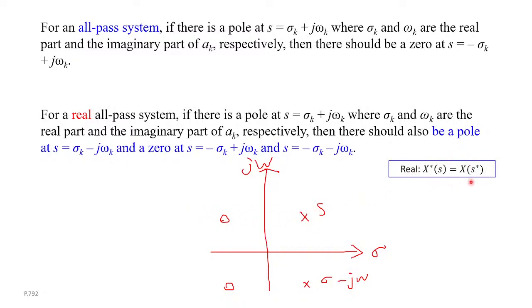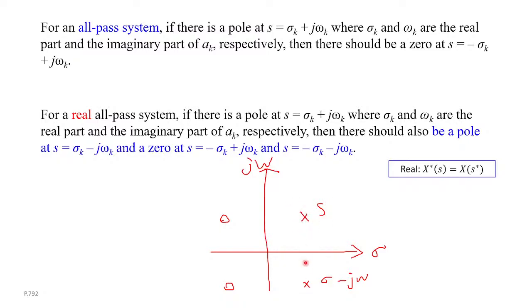Then now you also need to be real. So when you take the complex conjugate, you go to X star. So this is s star, so it will go from this point to this point. This is doing the complex conjugate. You swap the sign of the imaginary coordinate.